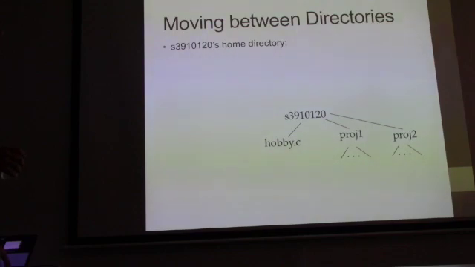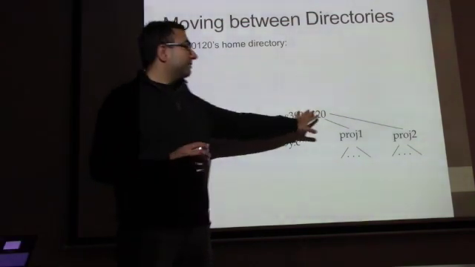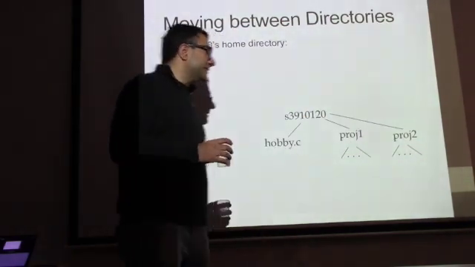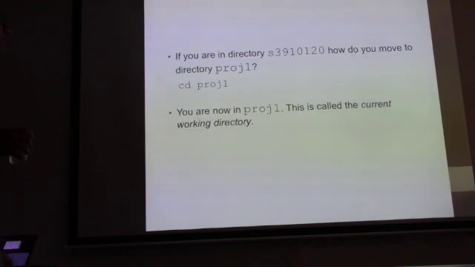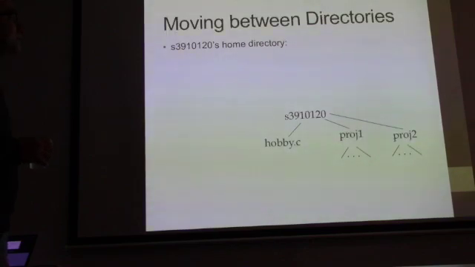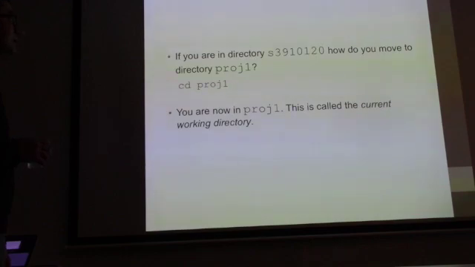So here's an example of moving between directories. So this is the directory you're in, and then these are some other files and directories that exist. So supposing you're in this directory, then how do you move to directory project1, right?